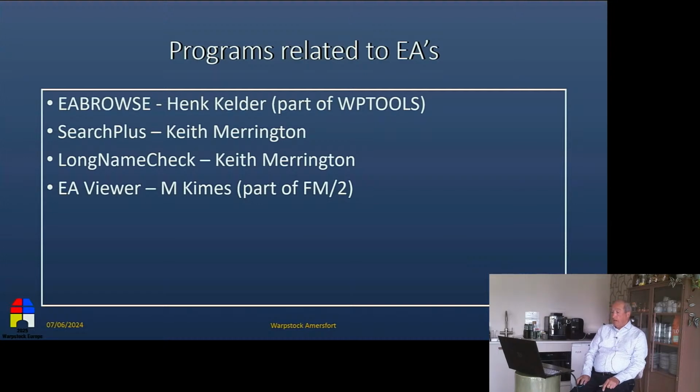EA Viewer by Kimes, that was part of FM2, is also extended attributes. So you do have a number of programs already which in some way look at or manipulate extended attributes. The DIR command can do it too. A lot of people don't know that because the little thing is a flag.